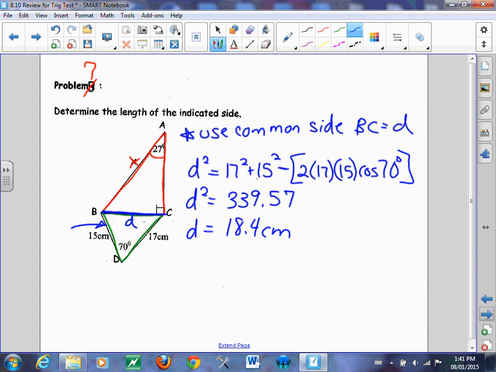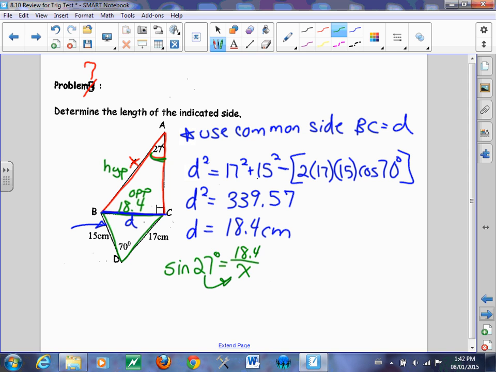So if I now know that that's 18.4, I now look at my reference angle in the right triangle, angle 27. This is now my opposite side and my hypotenuse side. According to SOHCAHTOA, that's the sine ratio. So sine of the angle given, which is 27 degrees, equals the opposite side, which is 18.4, divided by x.